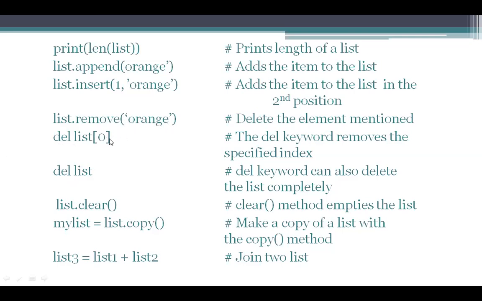We can delete the entire list itself, and we can clear the content with the clear function. We can make a copy of that list and call it by a different name, and we can join two lists and store the result in another list. So this is about list.